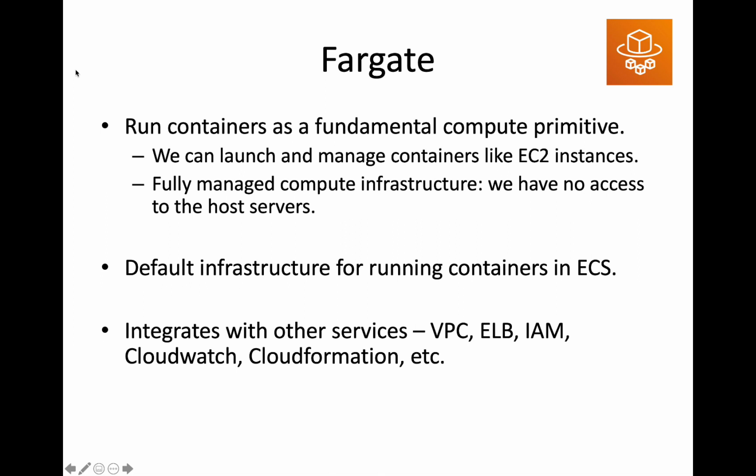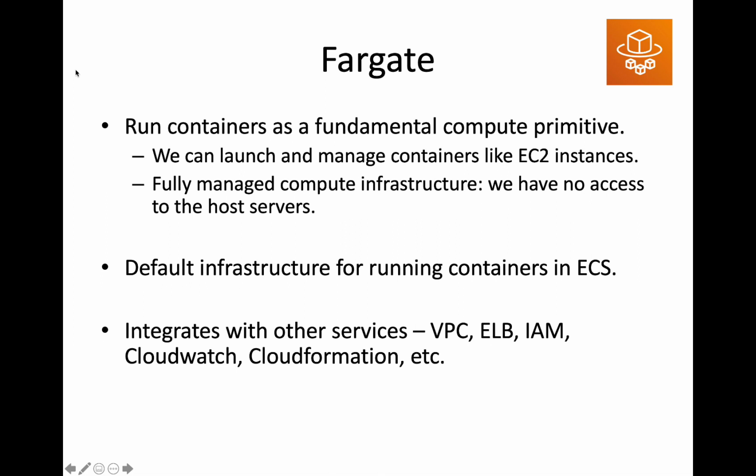And this happens to be the default way of running containers now in ECS. So originally, when ECS was launched, you had to launch your containers into EC2 instances. But more recently, at least at the time of this video recording, Fargate was announced, and now Fargate represents the default infrastructure for ECS.